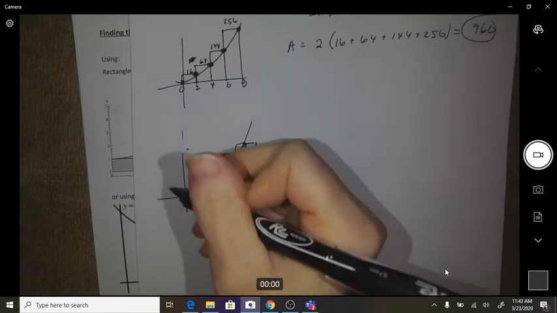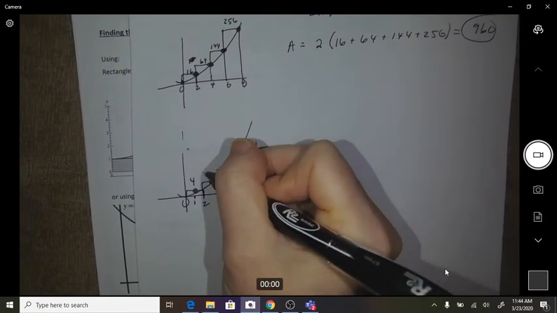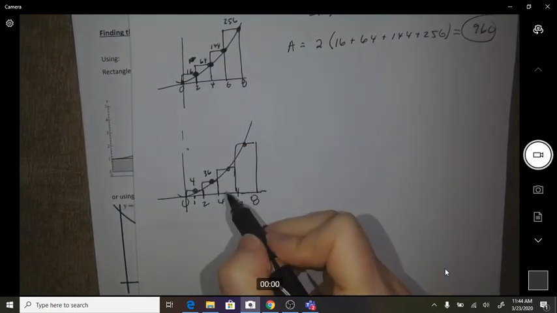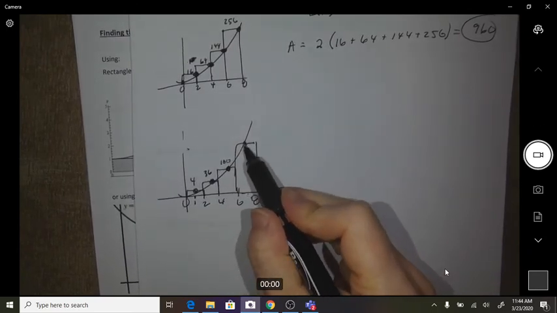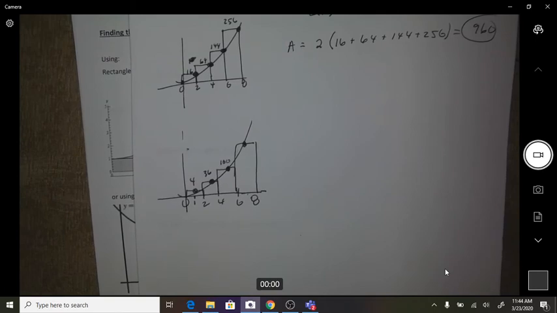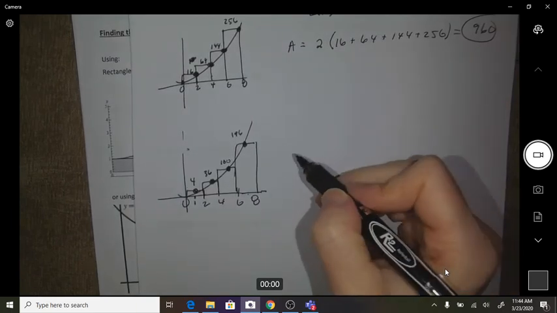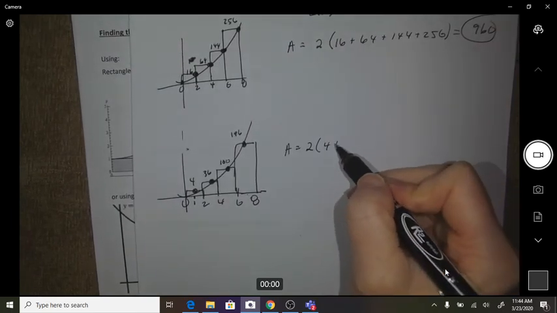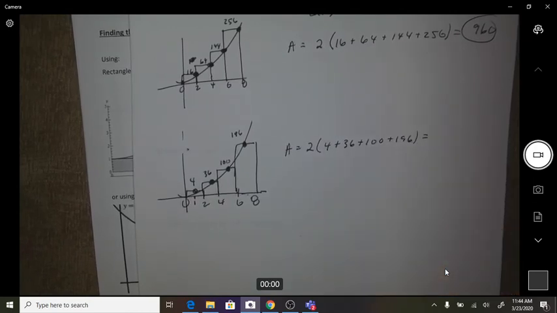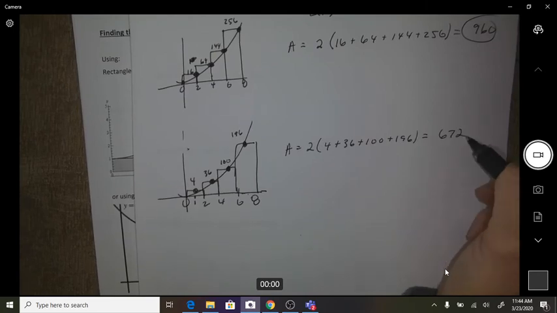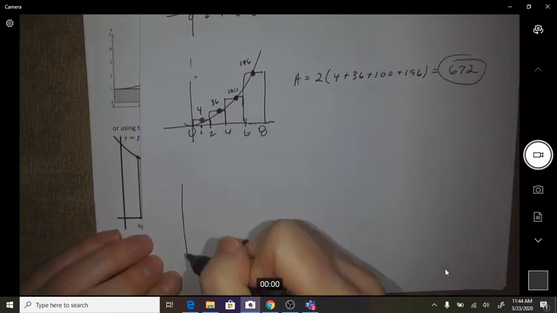So 1 squared times 4 is 4. 3 squared is 9 times 4. 5 squared is 25 times 4. 7 squared is 49 times 4, so that's 196. The area equals, each one is 2 wide, so this is 672. Much better approximation.